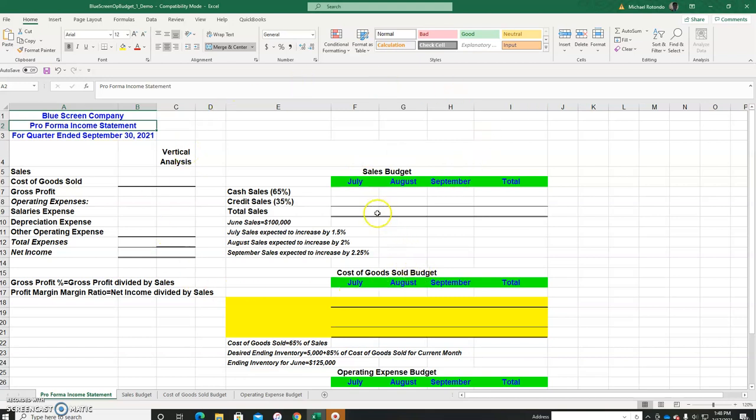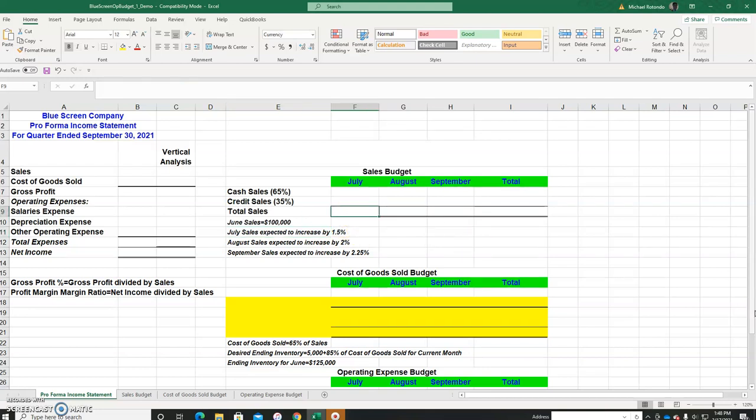So in order for me to start, I need to figure out what my total projected sales will be, and I need to have a starting point. So we're being told that our June projected sales are 100,000. And we're being told that our July sales are expected to increase by 1.5%.